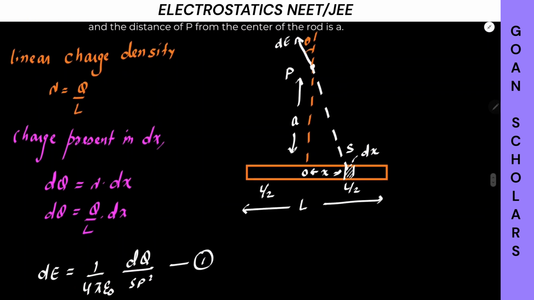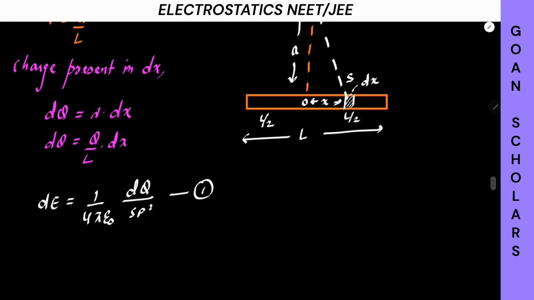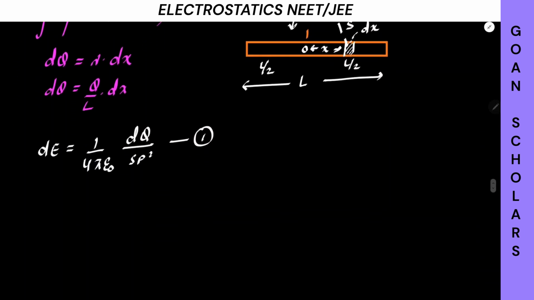Clear? So what will be the electric field along this direction? dE cos theta, correct? Because see here, dE cos theta in this direction and dE sin theta in the other direction. But if you imagine this small length element on the left hand side, then all the dE sin thetas will cancel out. Why? Because dE sin theta here will be in this direction and cos theta will be upward. So all the cos thetas will add up and sin thetas will cancel out here. Correct? So the resultant electric field will be dE cos theta.